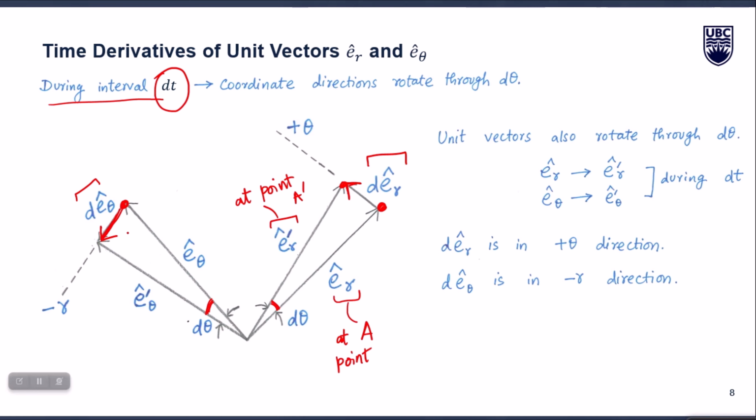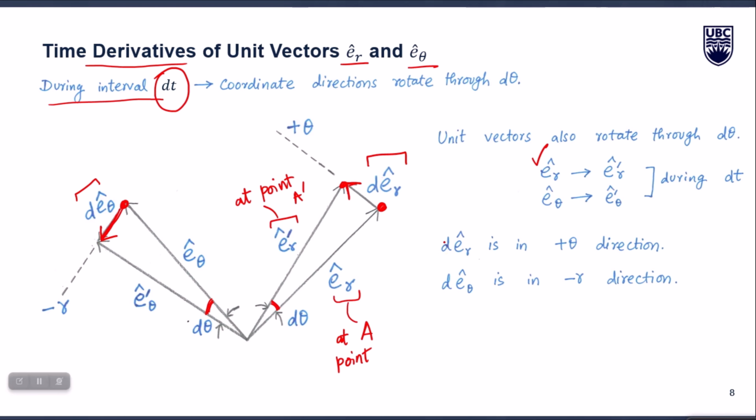It is a vector quantity. If I divide this vector by dt, this will give me the first derivative of E theta with respect to time. This is what we want to determine. We want to determine the time derivatives of E sub r and E sub theta, so that we can write velocity and acceleration in polar coordinates, in terms of their corresponding r and theta components.